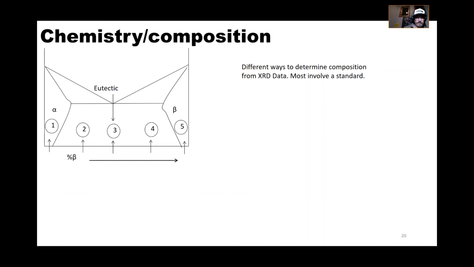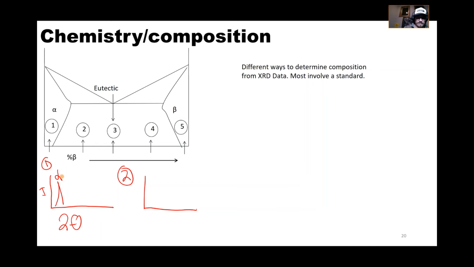There you go. Okay, so if we look at point 1, and this is just intensity, if we look at point 1, we're just going to have alpha. If we look at point 2, and I won't do them all, but you can get the picture, we have alpha and some beta, right?